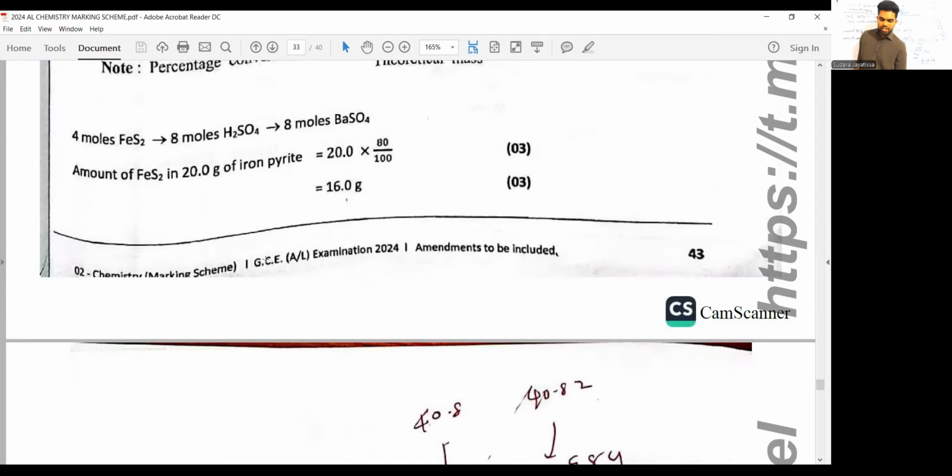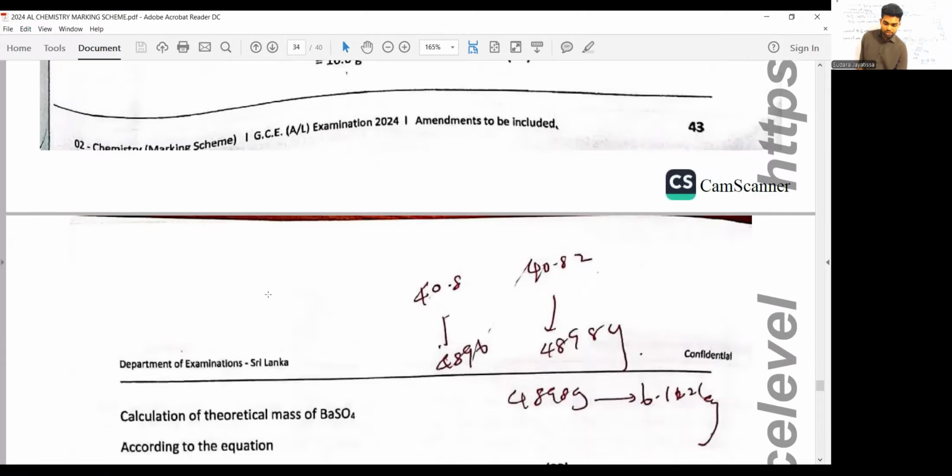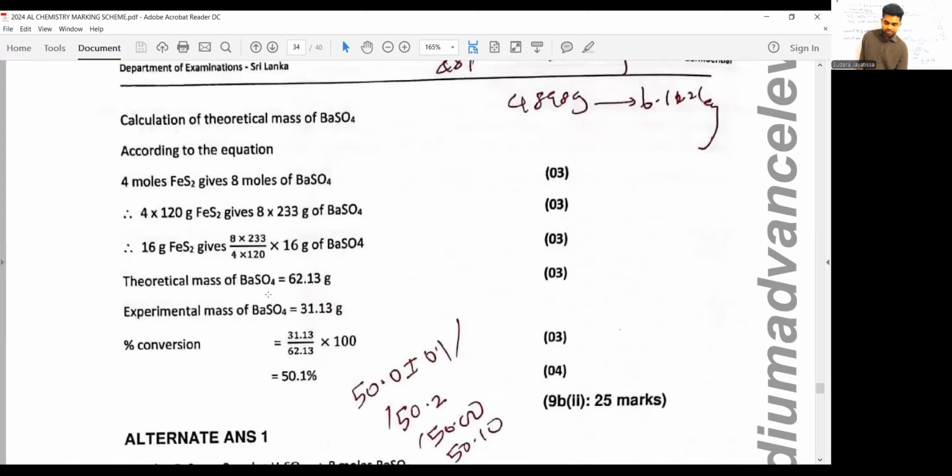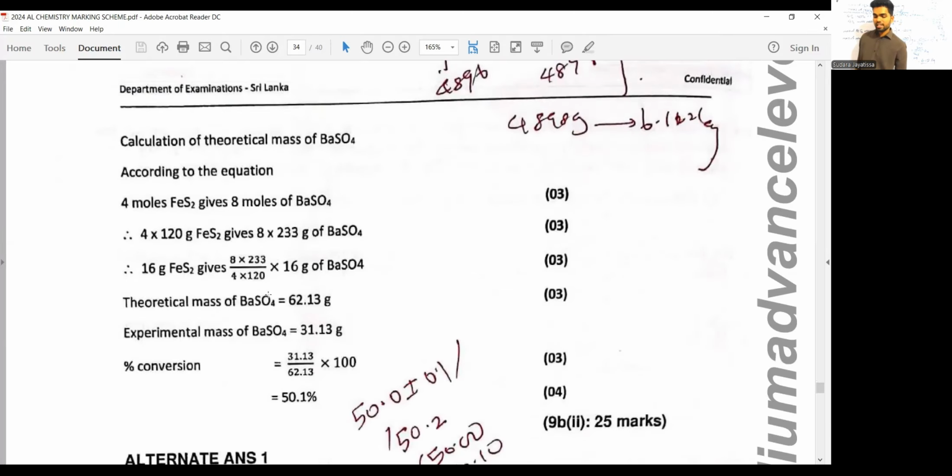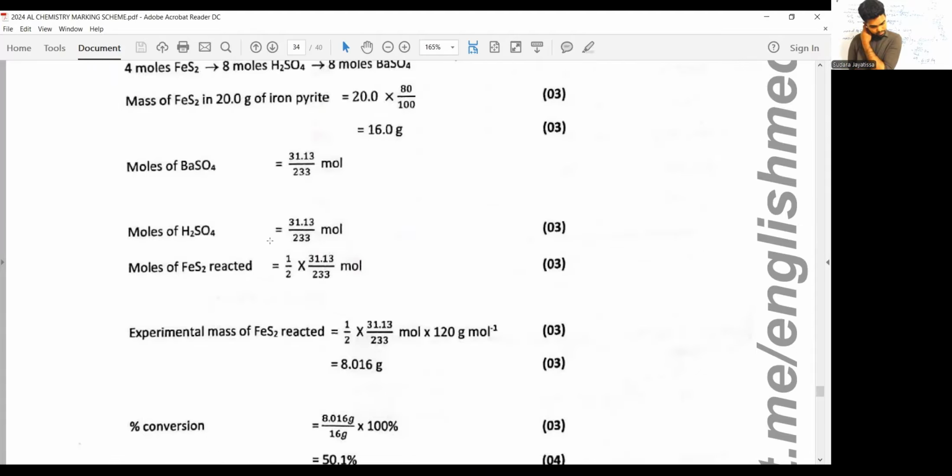So first of all, we are finding how much mass of FeS2 is present. Then this answer they have given, they have gone with the barium sulfate. So they got 50.1. Yeah, this is the one we did. See, we found the moles of FeS2, actual moles.